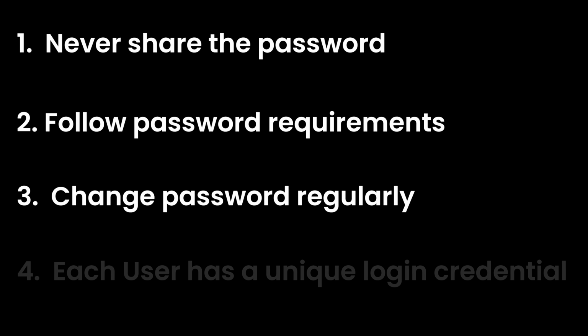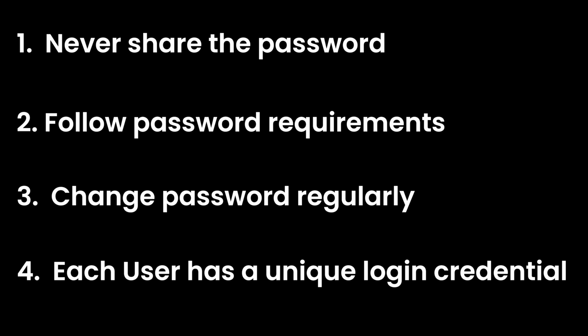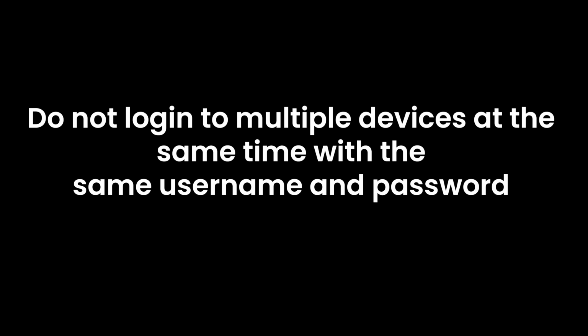Lastly, it's important to note that each Blade user should have their own login credentials. If you feel strongly that users should share the same username and password, please remember that these users should not log in at the same time. When multiple users log in using the same credentials at the same time, they may unknowingly overwrite each other's data.